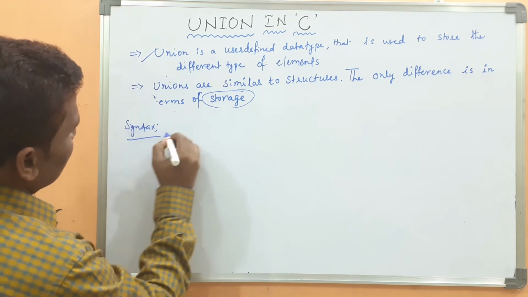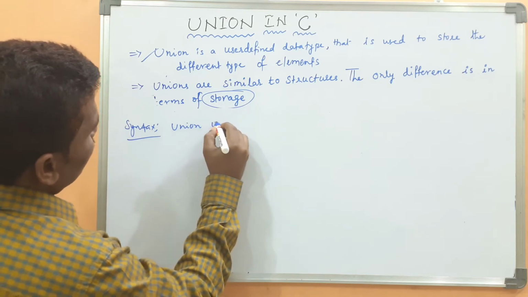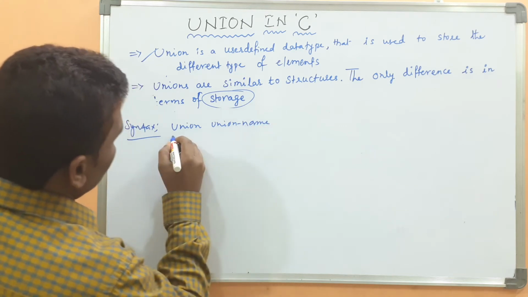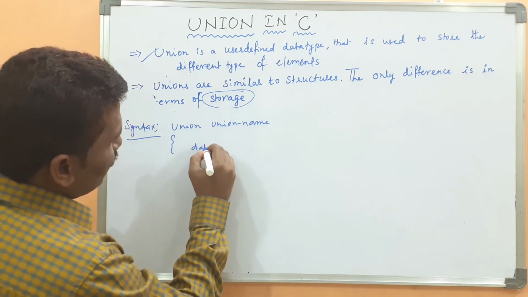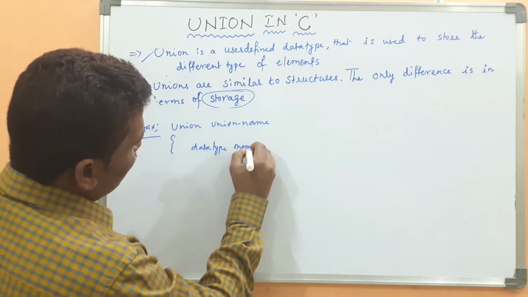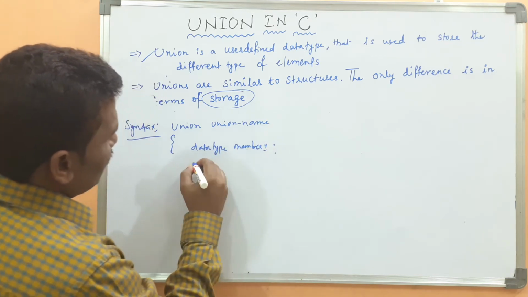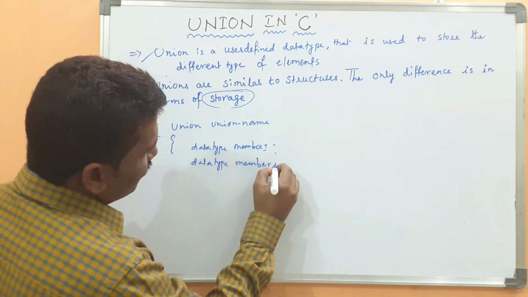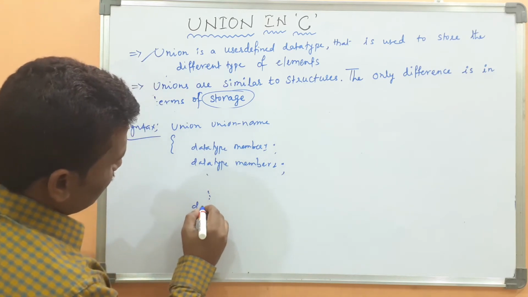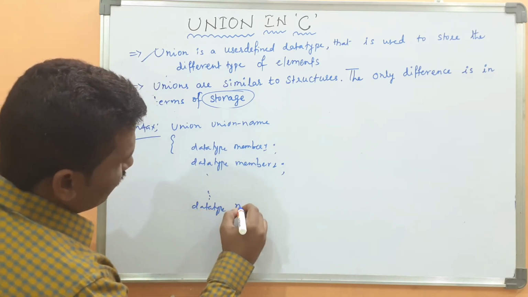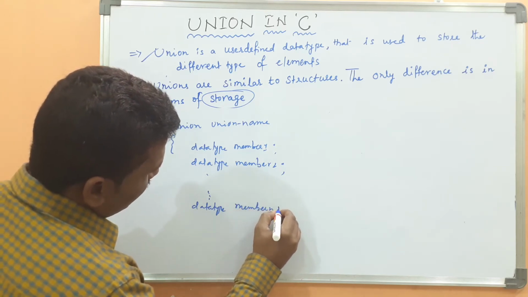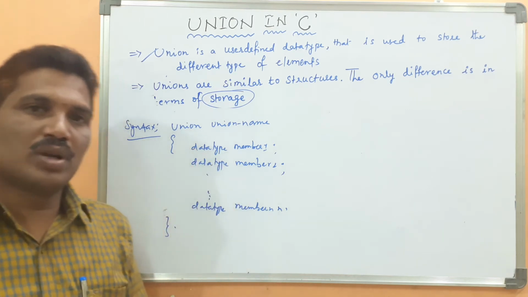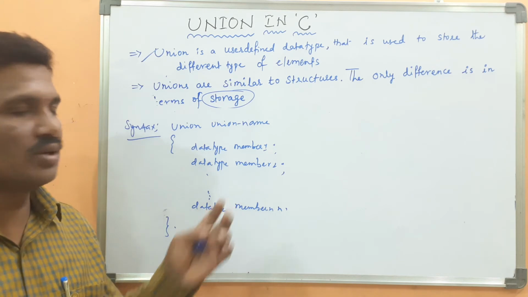Syntax is that: union name, then data type member 1, then data type member 2, then data type member n.